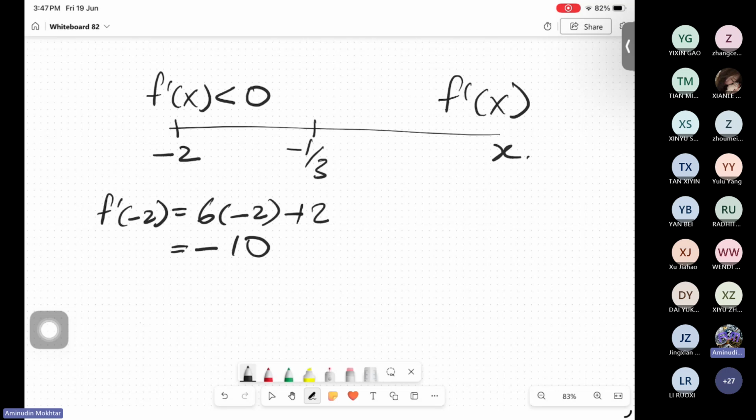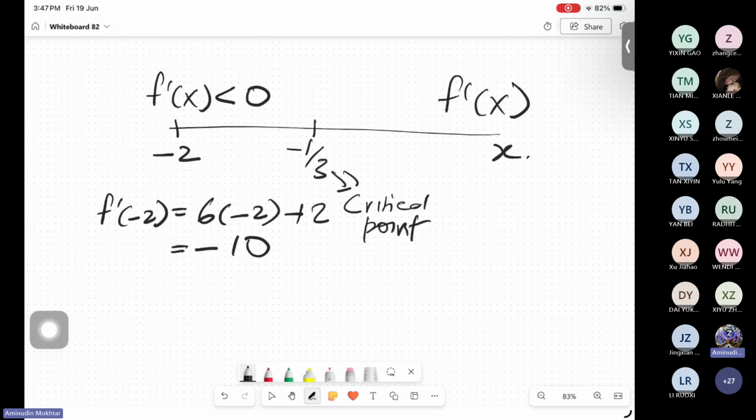Now we need to determine the slope of the tangent line after negative 1 over 3, because x equals negative 1 over 3 is the critical point.